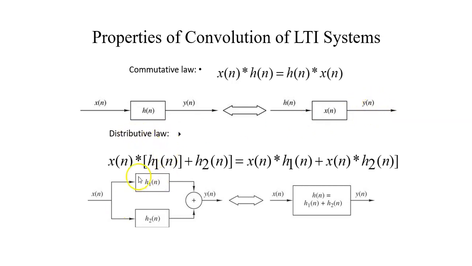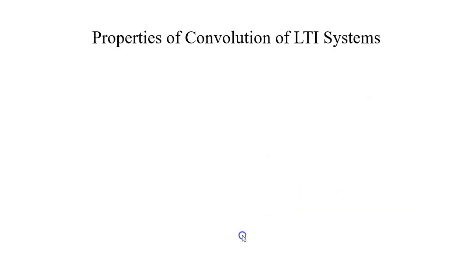The distributive law means if I have x of n applied to two parallel impulse responses, I can sum the results and have y of n. It is the same if you sum the impulse responses first and apply the input to have the output. This we call the distributive law.